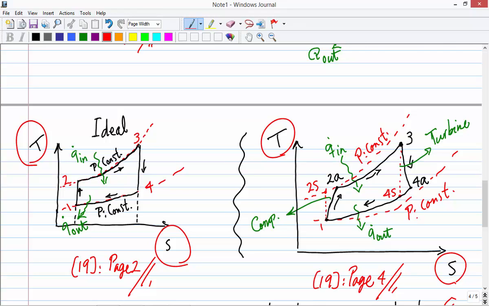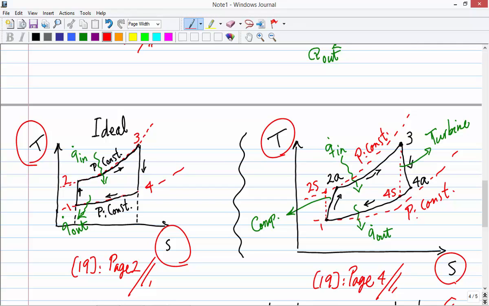Because the specific heats are not constant. So you cannot linearly multiply Cp times delta T. We need to go to the tables and find enthalpies separately at different states, point 2, point 3, point 1, point 4.